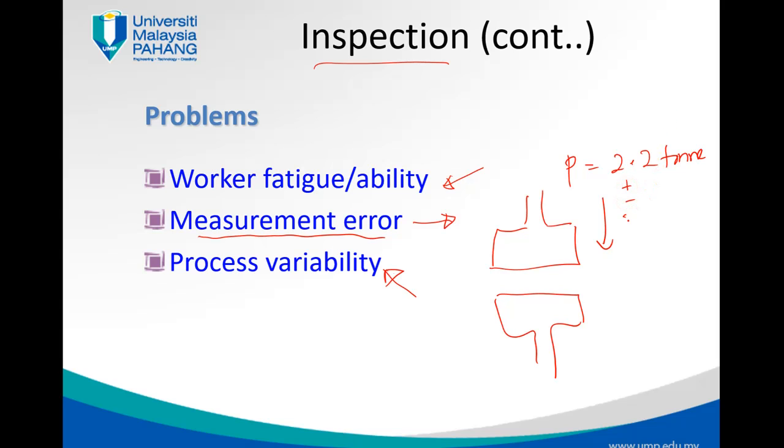Sometimes it might be 2.25, sometimes it might be 2.15, and so on. So this variation will also affect the product. This is what we call the process variability, the differences that occurred during the process.